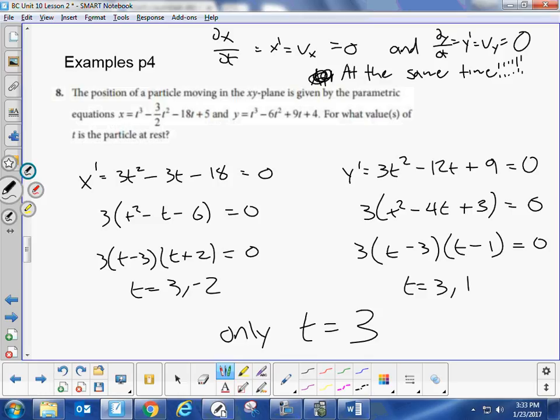Only at the third second or whatever. Not at the negative second or the first second. Only when time is 3. Is both x prime or v sub x and y prime or v sub y equal to 0.